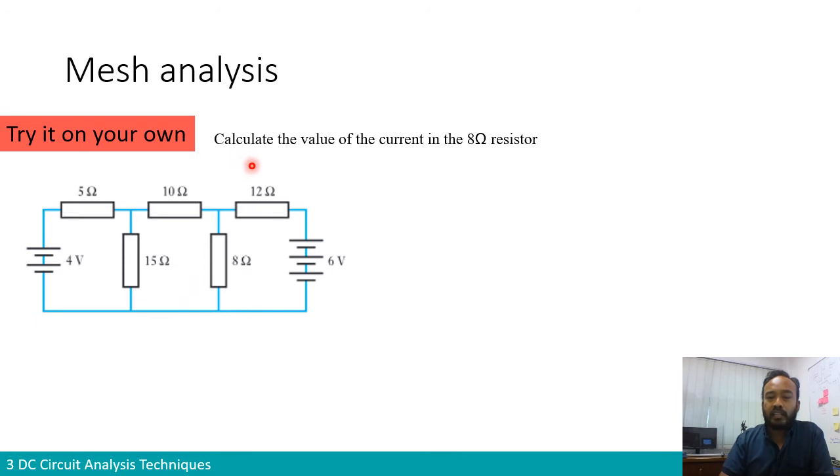The question asks us to calculate the value of current inside the 8 ohm resistor. The 8 ohm resistor is over here. Here we have a circuit with 3 loops, 2 voltage supplies and a few resistors that are either on a branch not in contact with other loops, or on a branch in contact with multiple loops, like the 15 ohm and 8 ohm. So using the same method that we had just now, please try to solve this.